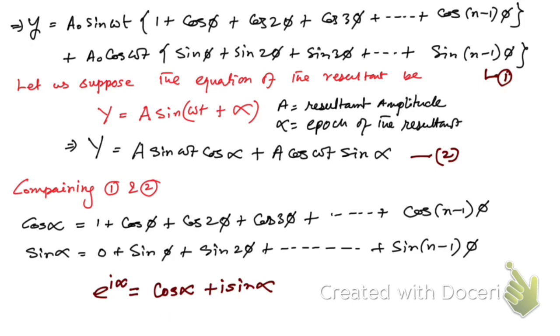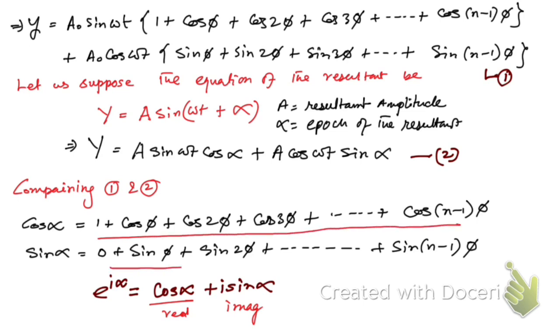Here you can see that this is the real part and this is the imaginary part. You can compare this one with the imaginary part. This is the real part and this is the imaginary part of the complex number.